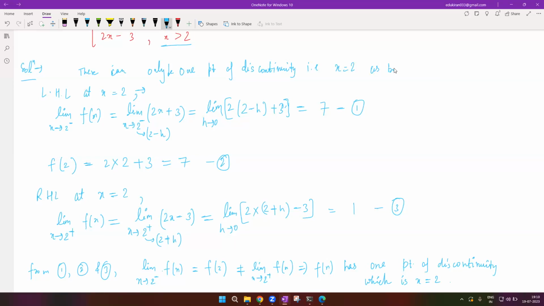Okay, write one more line here: as both the expressions given are polynomial.